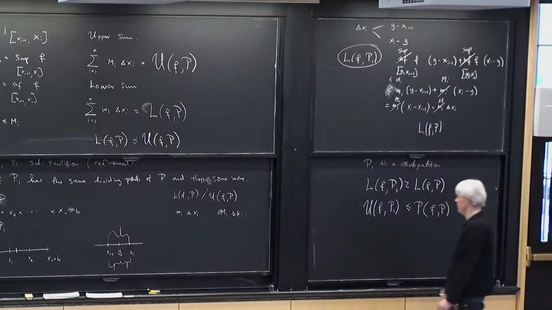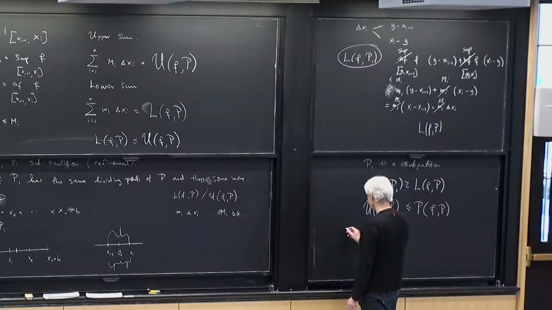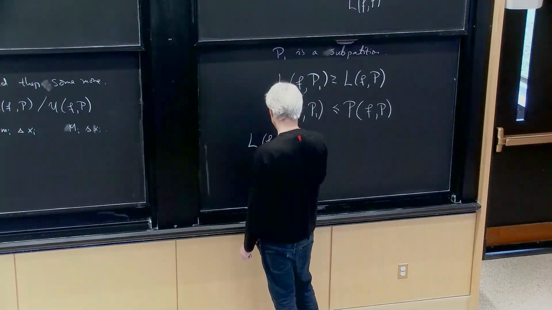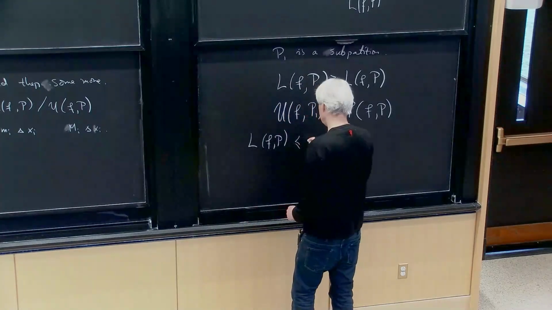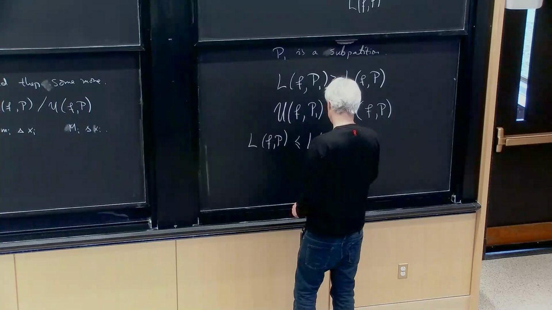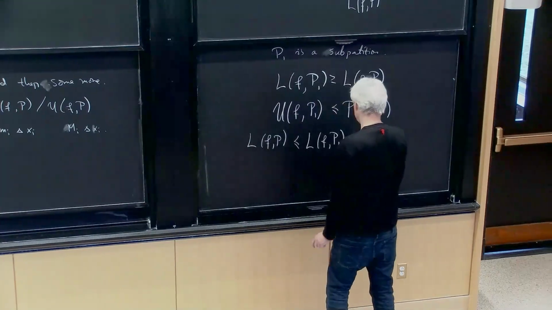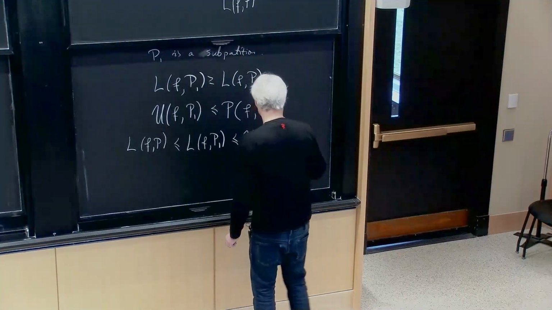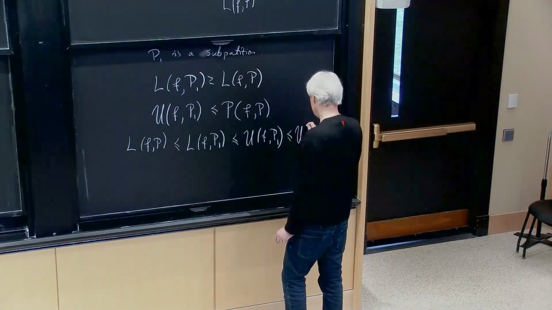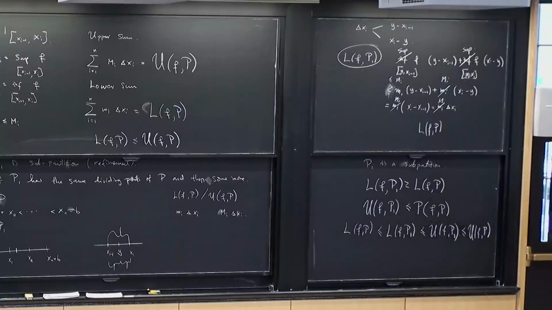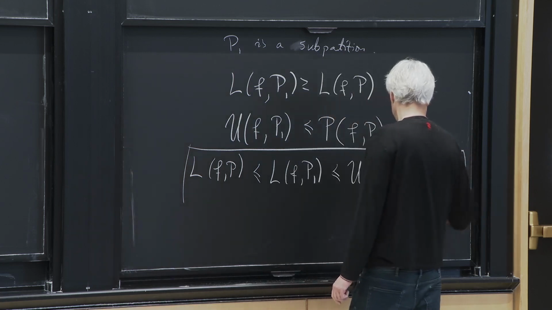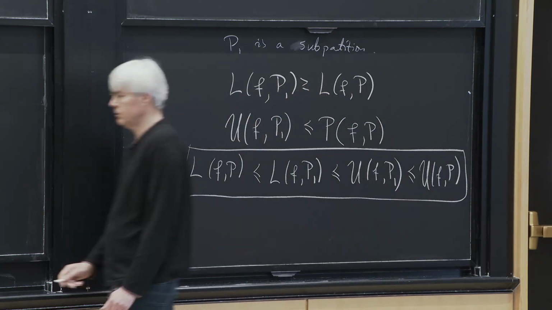Putting this together, you have that the lower sum for the partition P is less than the lower sum for this subpartition, which is less than the upper sum for the subpartition, which is less than the original upper sum. Okay, so you have that. And this is a key fact. It's sort of an obvious fact, but it's a key fact.